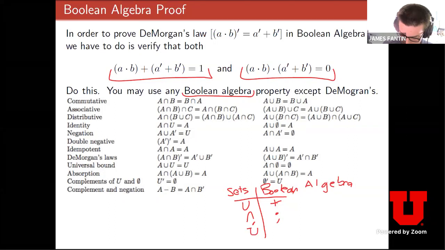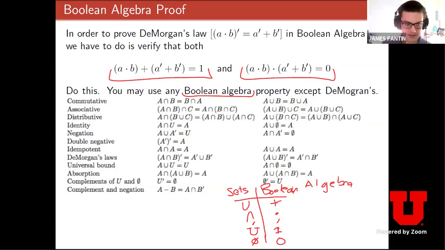We have the universal set, and the Boolean algebra equivalent is 1. And then there's the empty set, and its equivalent is 0. By using these equivalences, we can use all of the same theorems that we learned with sets and apply them to Boolean algebra for this more general setting.